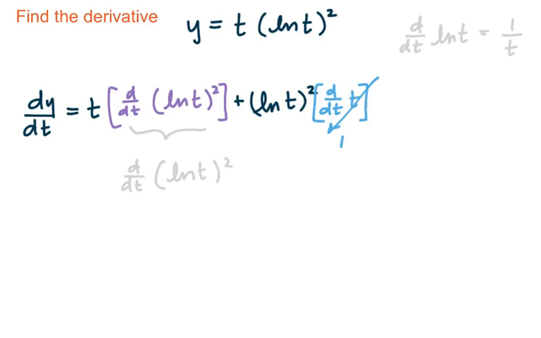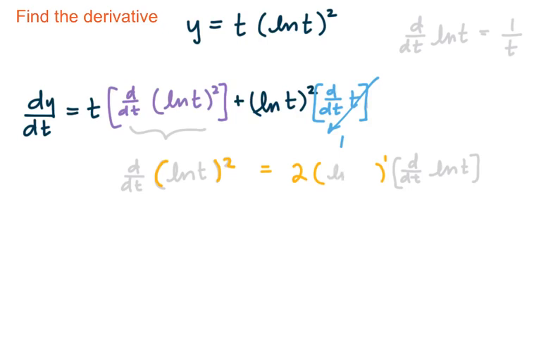What we want to notice is that natural log of t is on the inside and we have that squared on the outside. So if I were to simplify this, I would get 2 something to the first, and then I would need to multiply by the derivative with respect to t of ln t, which is on the inside.